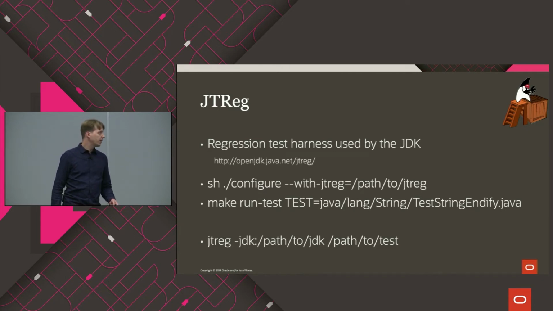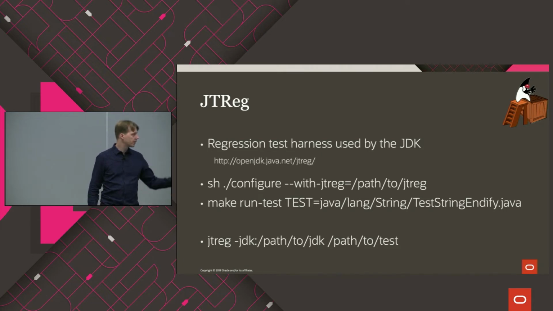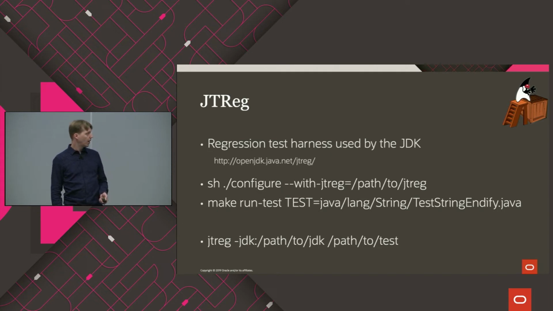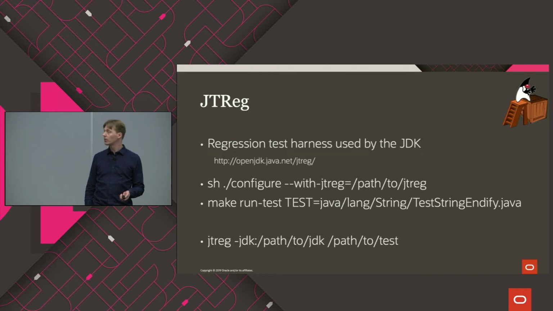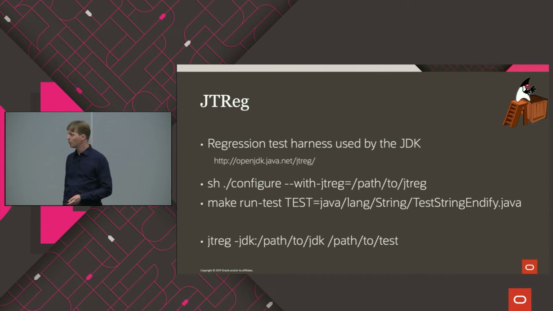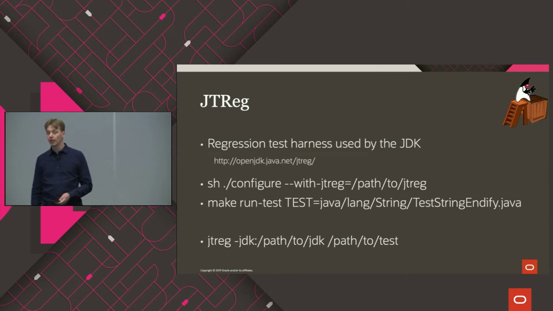You can configure your build and tell it where this jtreg installation is. If you do that, you can use make to run jtreg tests with the run-test target, as shown here. You can also use jtreg as a standalone tool to run jtreg tests. You would then have to provide the JDK with the -jdk flag to tell it which JDK to execute.